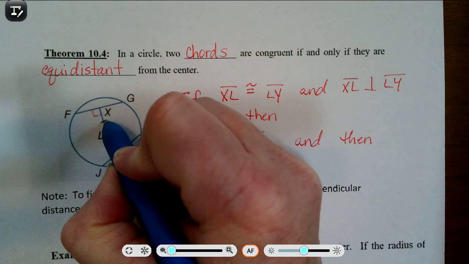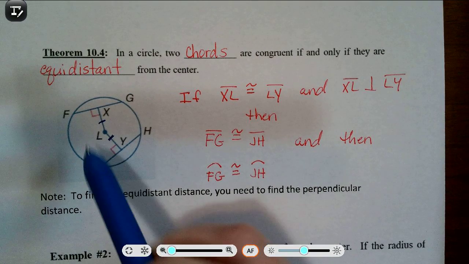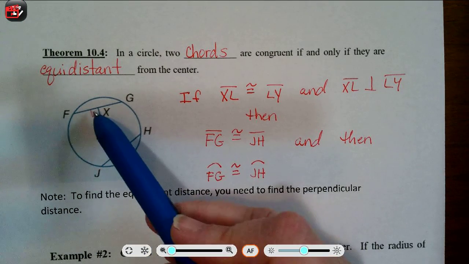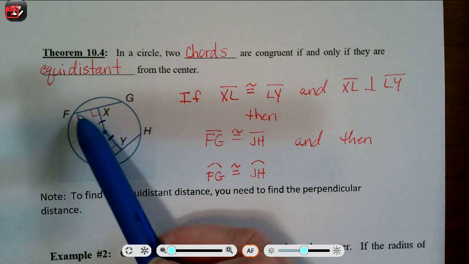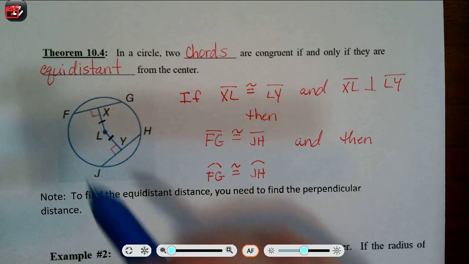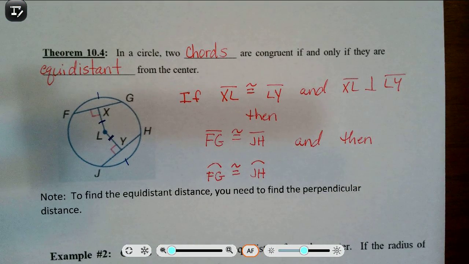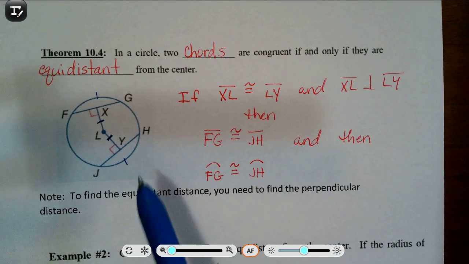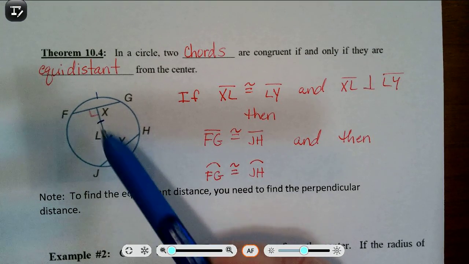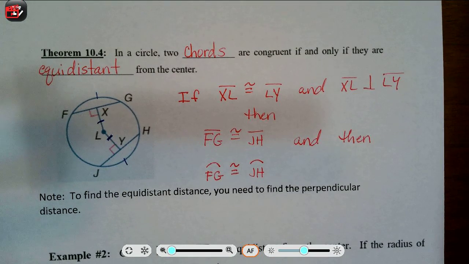If XL and LY are congruent, and I have these perpendiculars, then the whole chords FG and JH are congruent, and if the chords are congruent, then also the arcs are congruent. So as long as we see that these chords are equidistant, then we know that the chords are congruent.